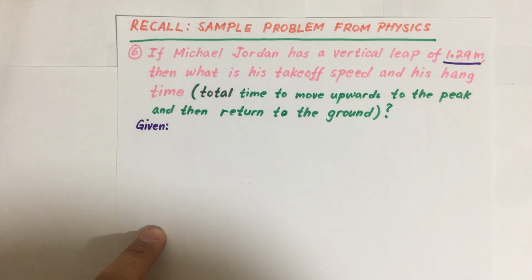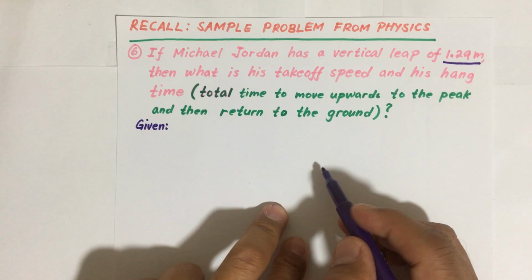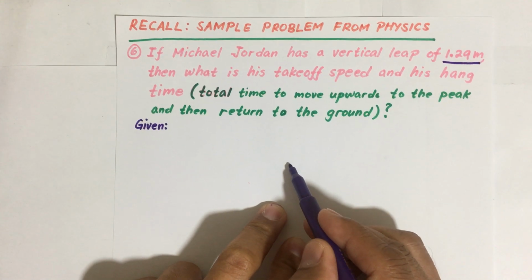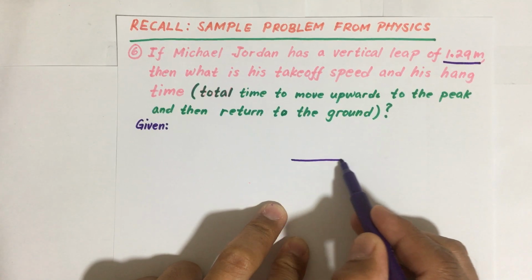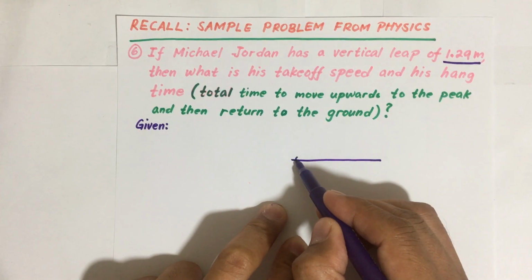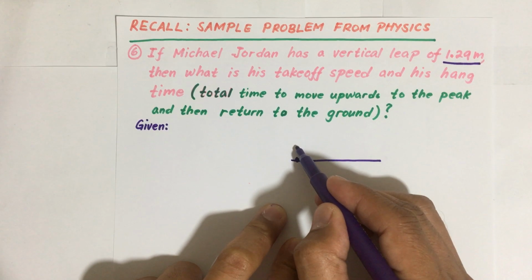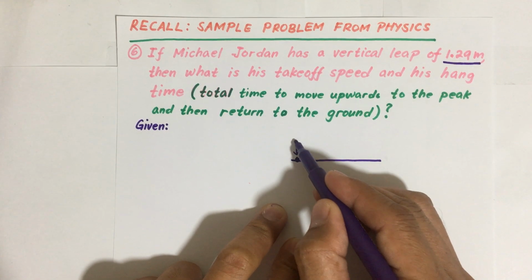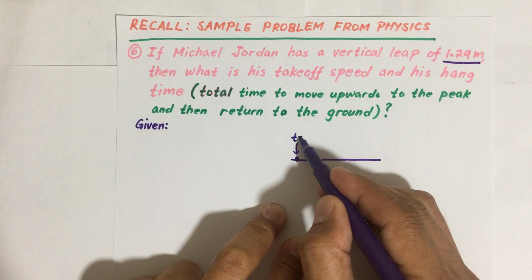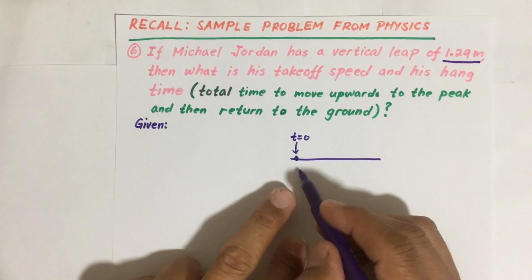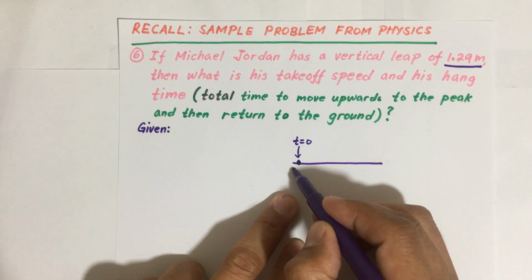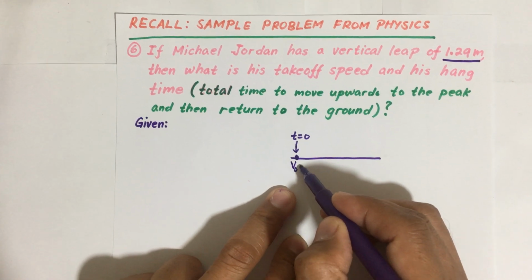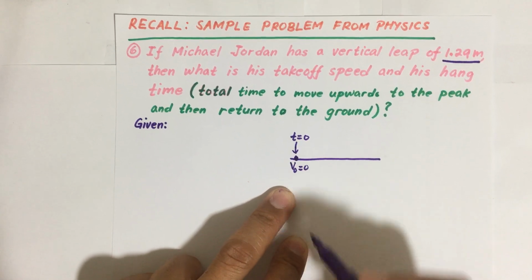Assuming this is the ground, at time t equal to 0, Michael Jordan is not yet moving, so the initial velocity is equal to 0.